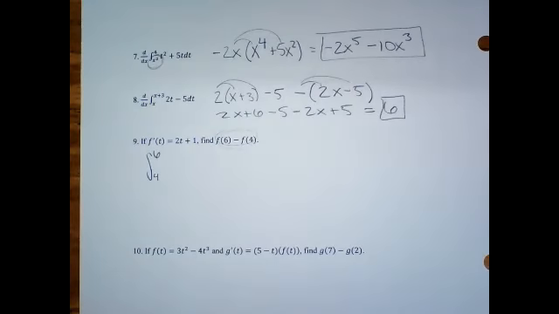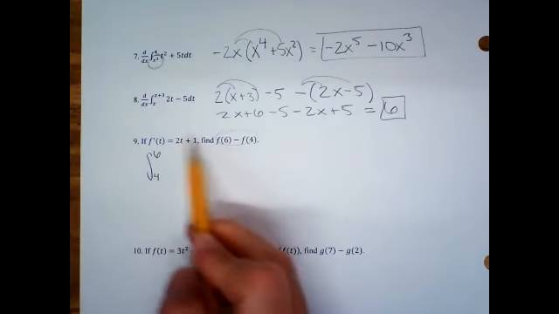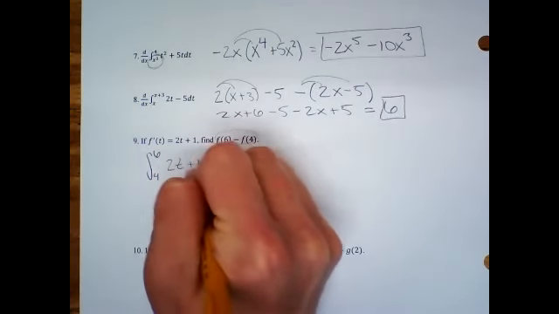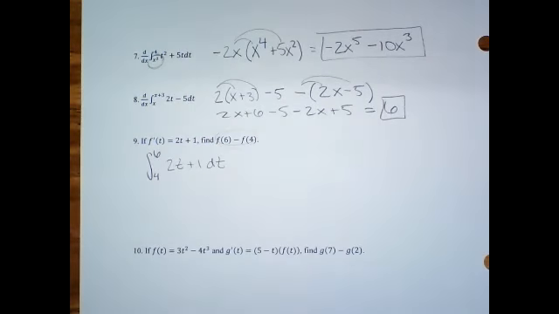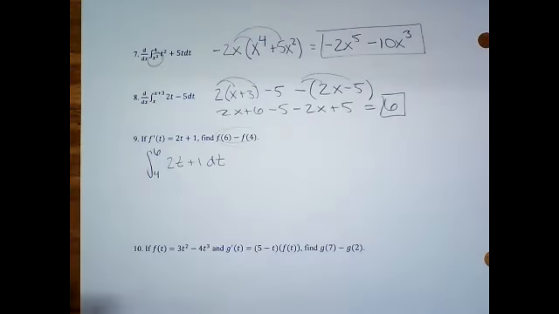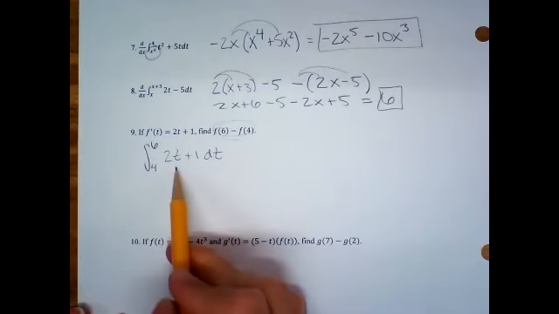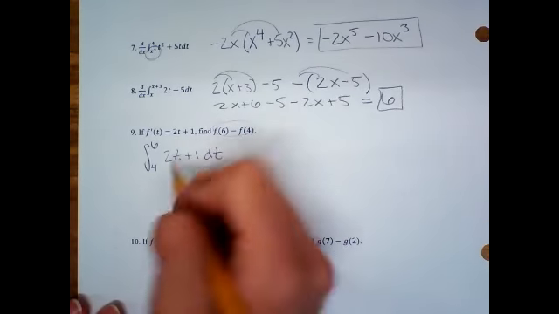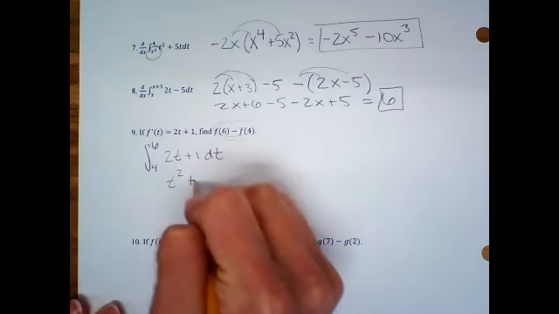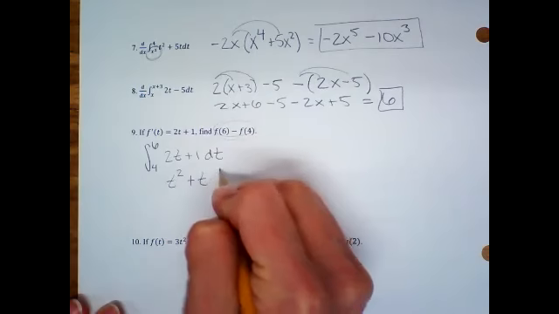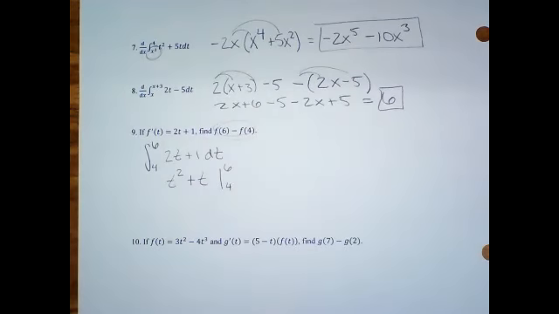F of 6 minus f of 4 should be an integral from 4 to 6 of this derivative, 2t plus 1 dt. So fundamental theorem of calculus, the first part: you do an antiderivative, upper boundary minus lower boundary. What would this antiderivative be? t squared plus t, good, from 4 to 6.